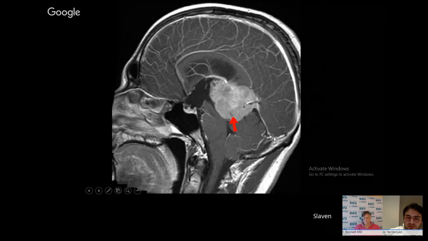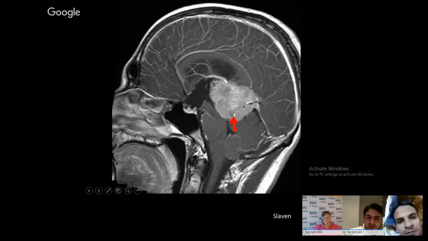So he did a combined supra-infratentorial approach, and he pushed the supratentorial part infratentorially, and then took it out. So it's really interesting. He combined the approaches to help himself with the tumor.